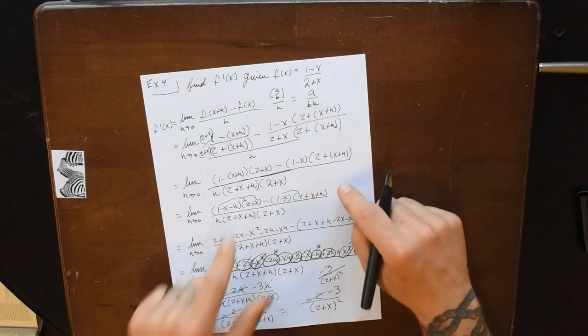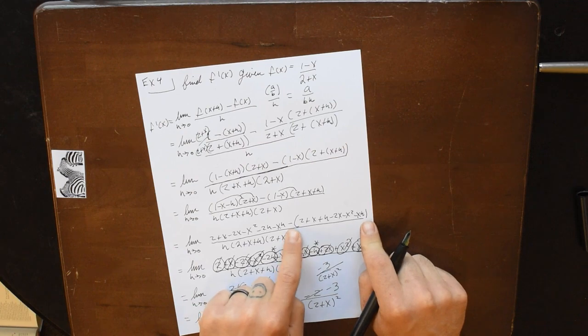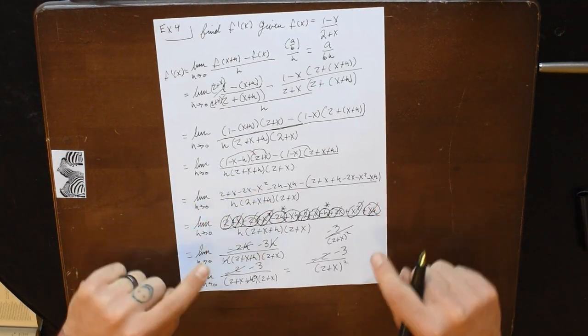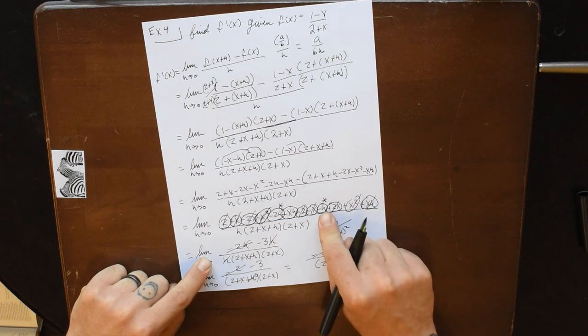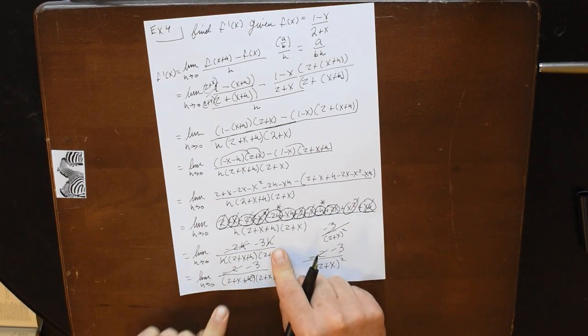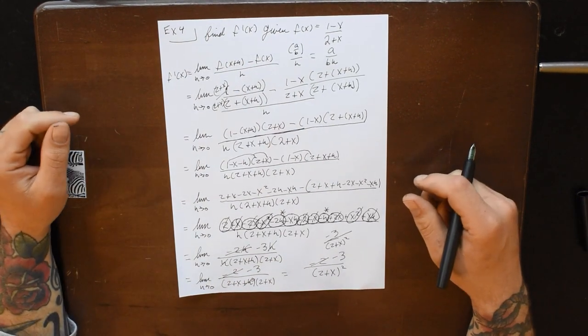Magically, somehow, I did all of this multiplication correctly, including the distributing of the minus sign, and then going from this step to this step, I added poorly. But we use the h in the numerator to cancel out with the h in the denominator. That's kind of our standard approach for all of these.